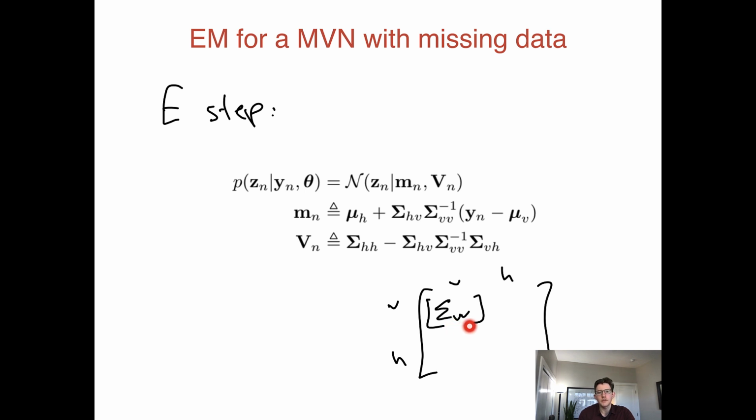That's supposed to be VV, not W. And then likewise, this one is VH, HH, and so on. It turns out we can write them down like this. I'm not going to go through it directly, but it's relatively just some matrix algebra to get our m and V expressions. So that's our E step.